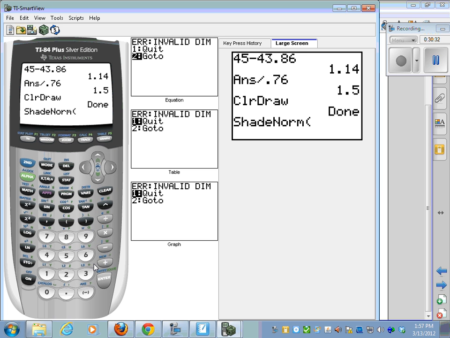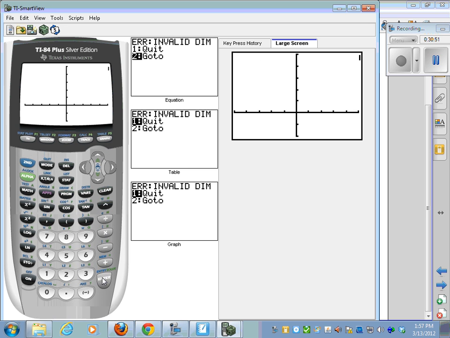What's the leftmost bound? What's the smallest z-score? 1.5, in the shaded region. I'm going to shade from 1.5 all the way to 5. It should look like that.